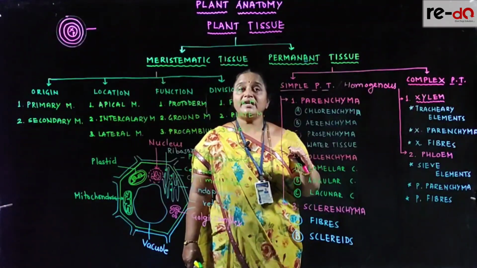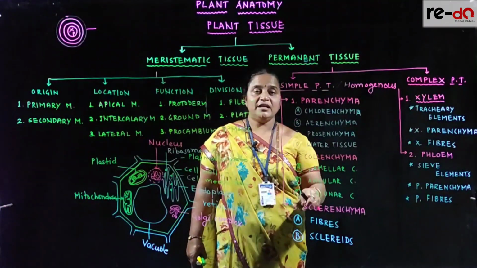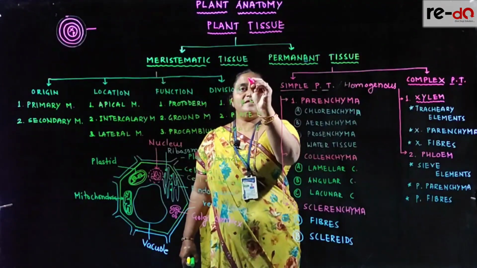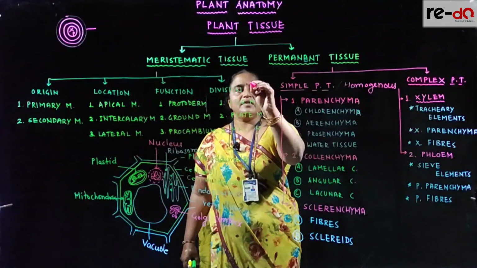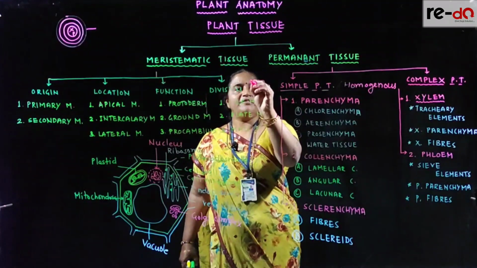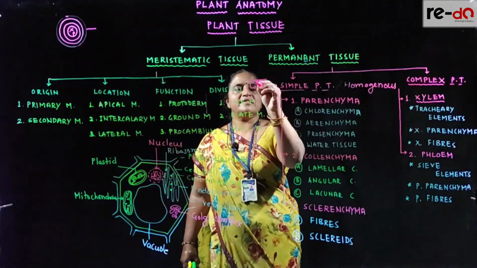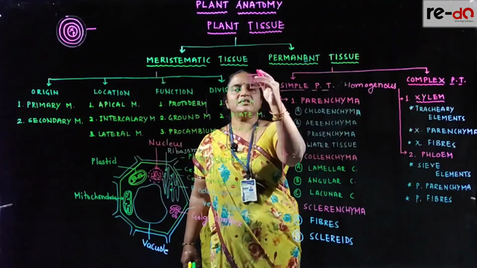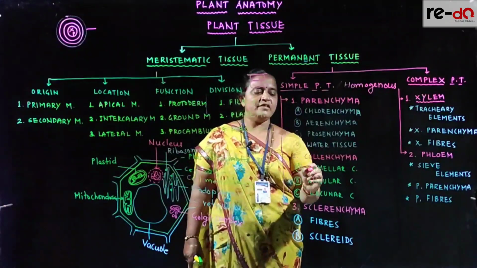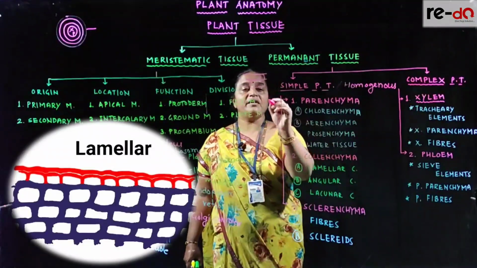Now based on the pectin deposition, there are three types. If this is the parenchyma cell, and if the pectin deposition is at one side, and this is one more cell, again with pectin deposition along the tangential walls, then it is called lamellar collenchyma.